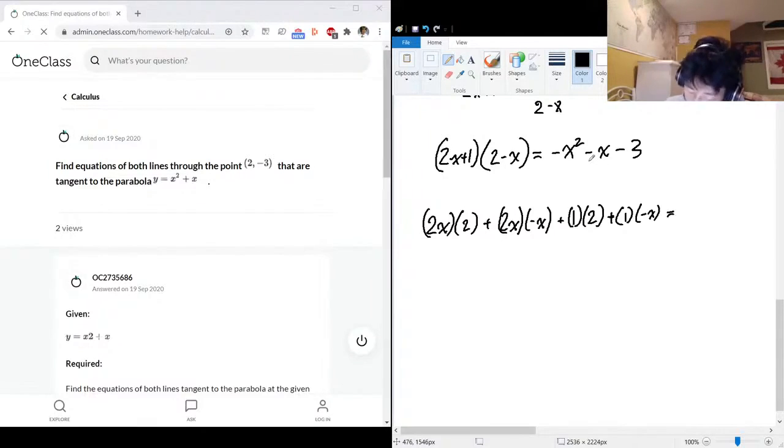But I'll clean this up to make it easier to read. So this is the only x squared term, so we're going to have negative 2x squared. Combine the x terms, so we have 4x and then minus x. So that's going to be plus 3x. 4 minus 1 is 3. Sounds about right. Plus 1 times 2, plus 2, equals negative x squared minus x minus 3.